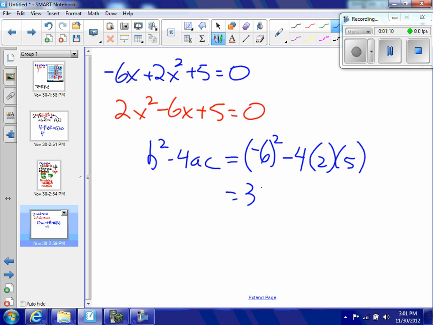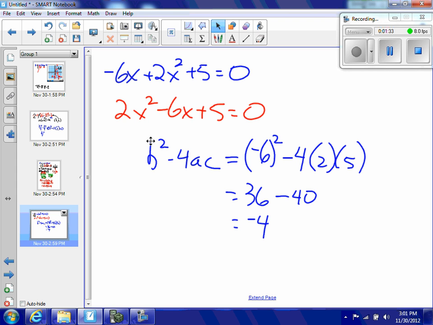That is 36 minus 40, negative 4. So right away I can tell that I'm going to have two roots that are complex. They're going to have imaginary numbers. I'm not going to have any real solutions because I have a negative discriminant.